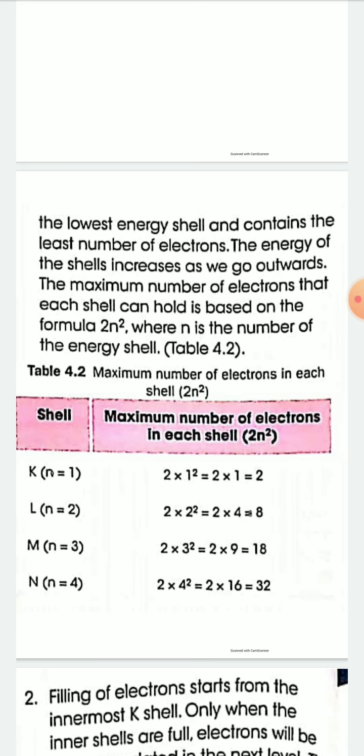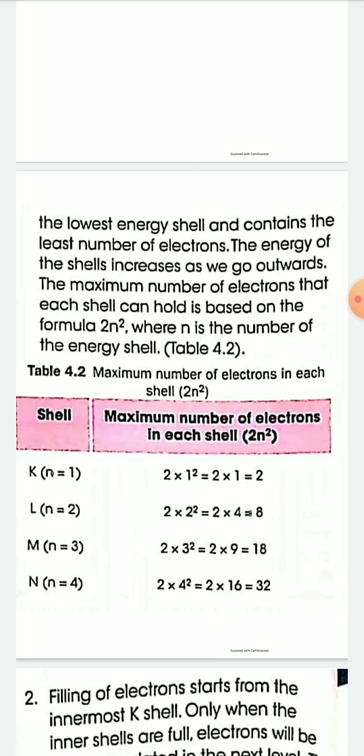In 2n square, n is the number of the energy cell. So the maximum number of electrons in each cell is based on the formula 2n square.